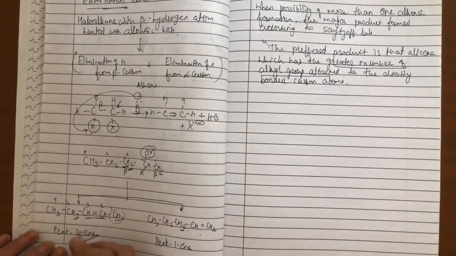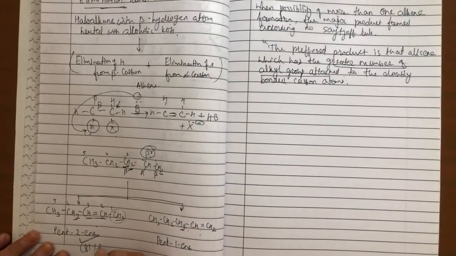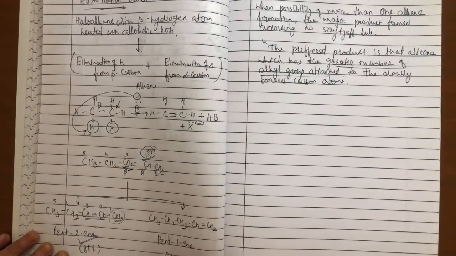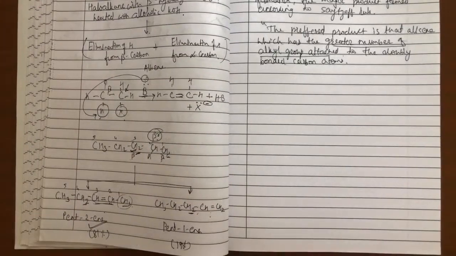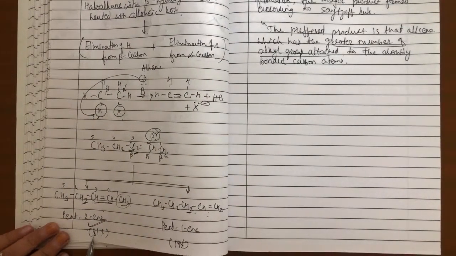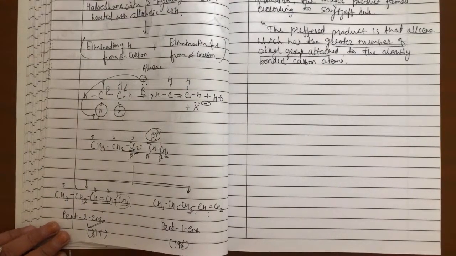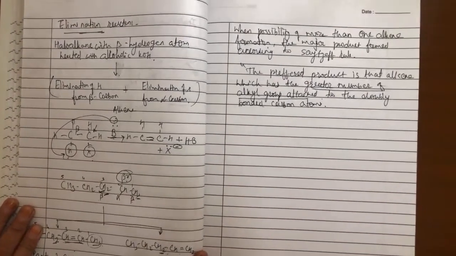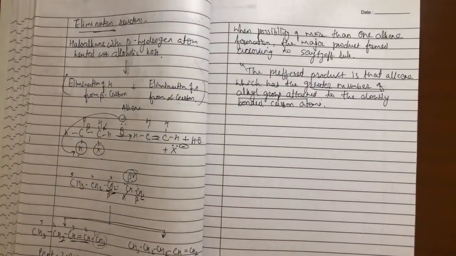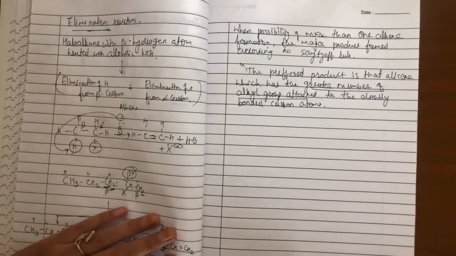So pent-2-ene forms 81%, while pent-1-ene forms only 19% in the reaction mixture. So pent-2-ene is the major product. This is what is elimination reaction of haloalkane, formation of alkene as a product.